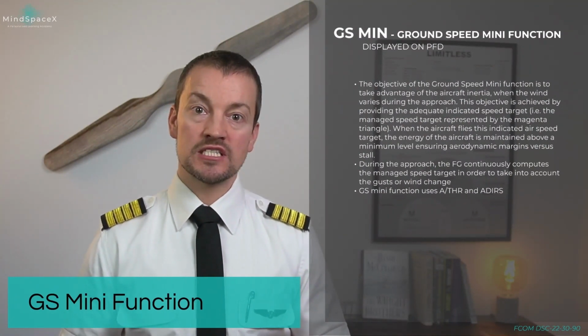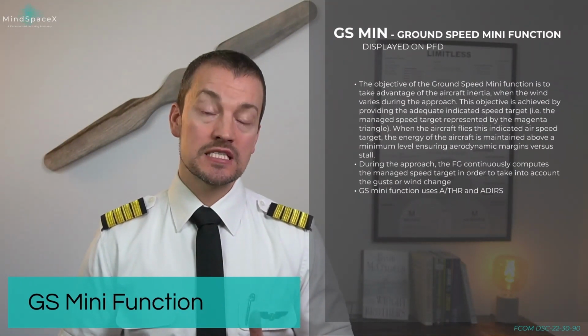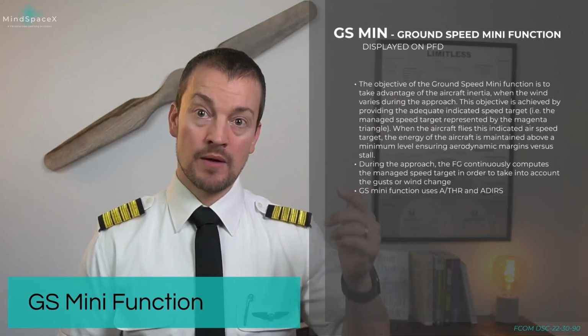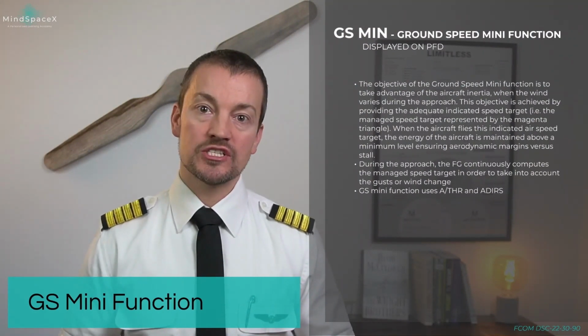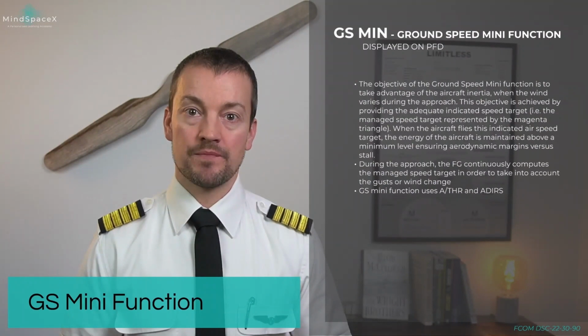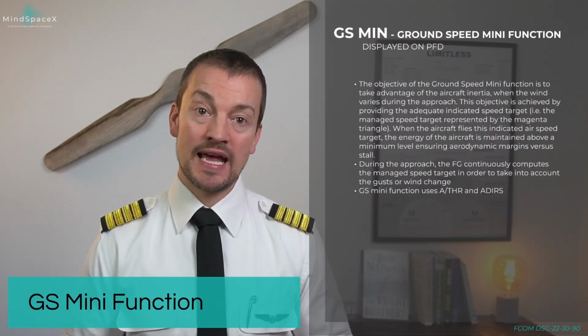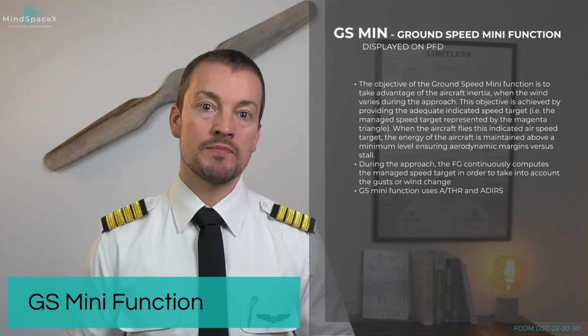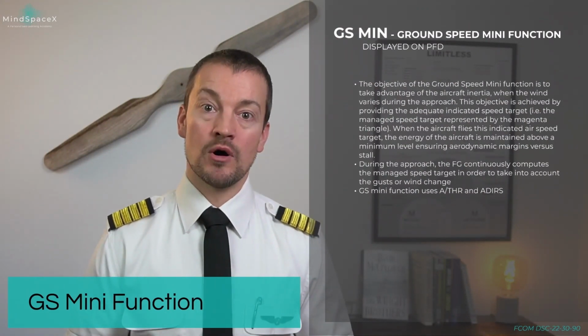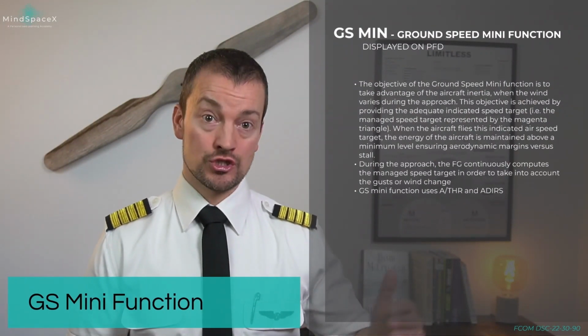This objective is achieved by providing an adequate indicated speed target, moving up and down, in managed speed, and this is represented by a managed target. When the aircraft flies this indicated speed target, the energy of the aircraft is always maintained above the minimum level, ensuring aerodynamic margin versus a stall.